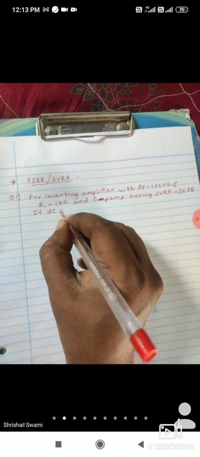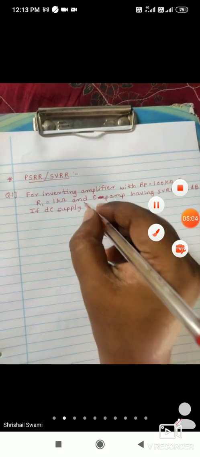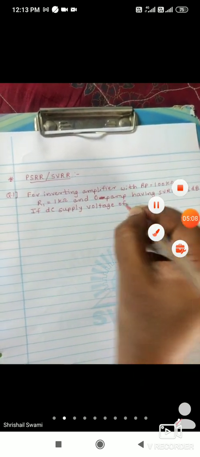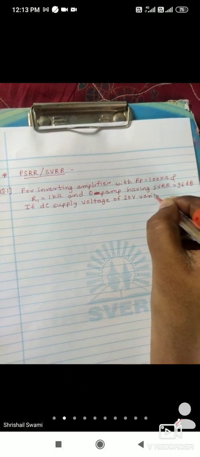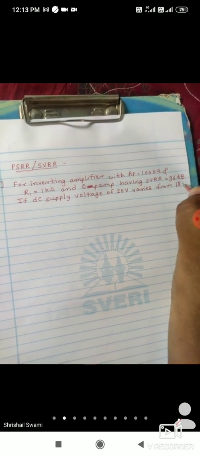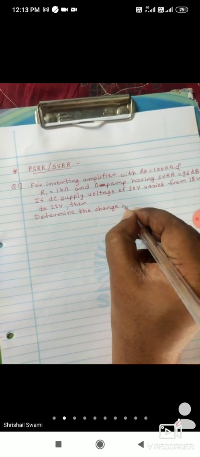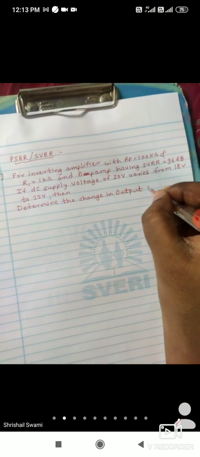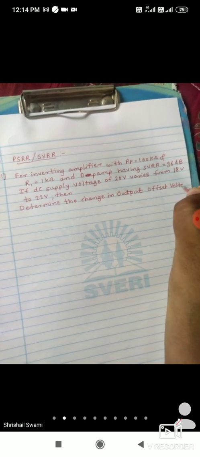If the DC supply voltage of 20 volt varies from 18 volt to 22 volt, then determine the change in output offset voltage caused by the change in power supply.